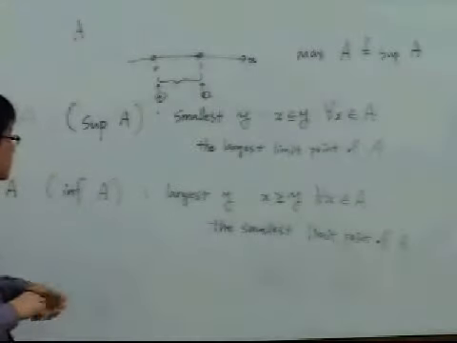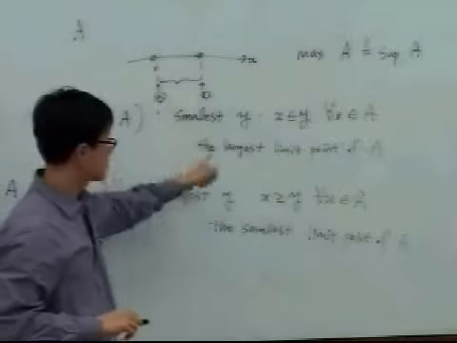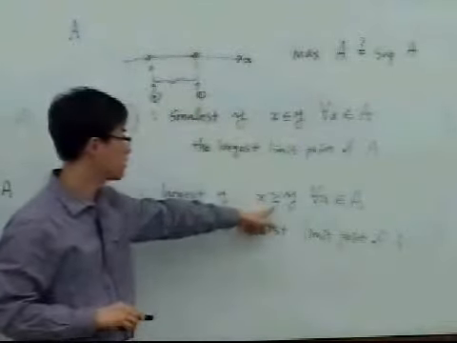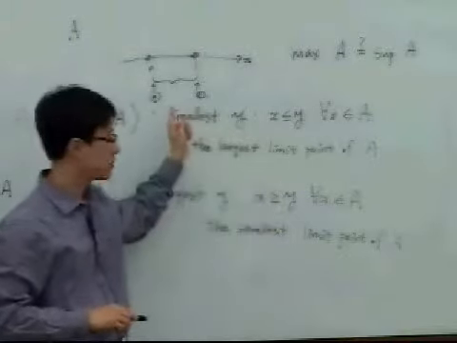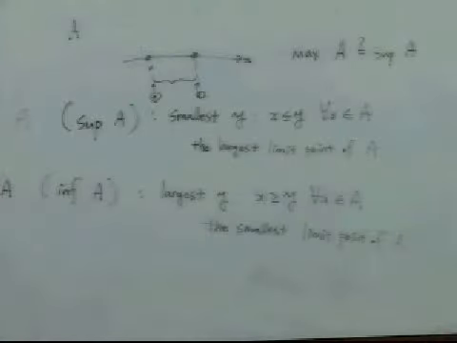Once again, if you choose 0, then all x are greater than or equal to 0, and this is the largest value you can find to satisfy that.